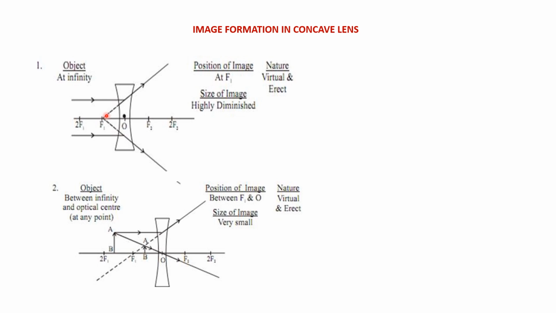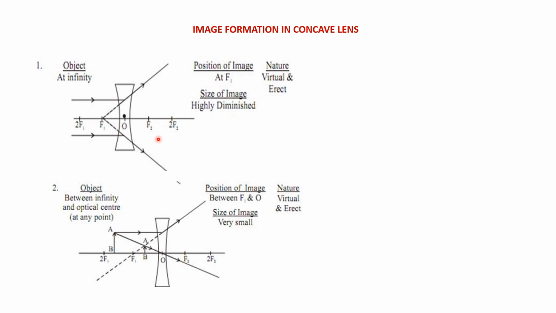And F2 is the principal focus of convex lenses, according to the CBSE book. So remember these points and it will help you avoid any kind of confusion. Please follow your own book and the rules given in your book.